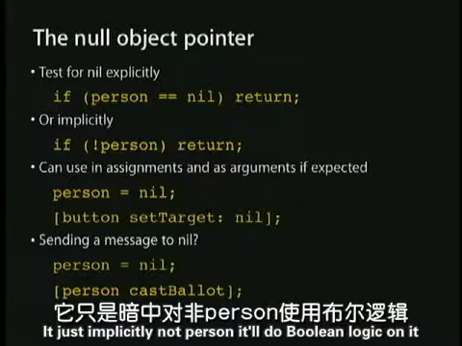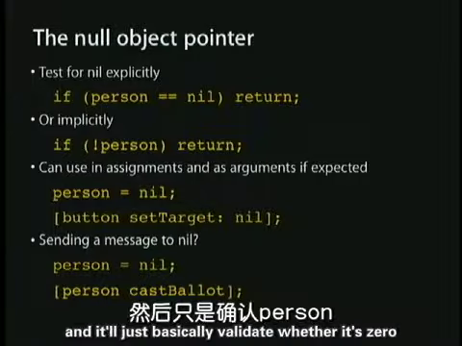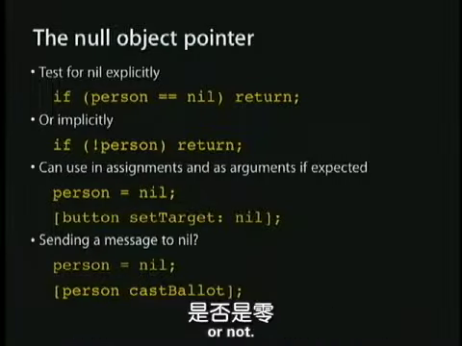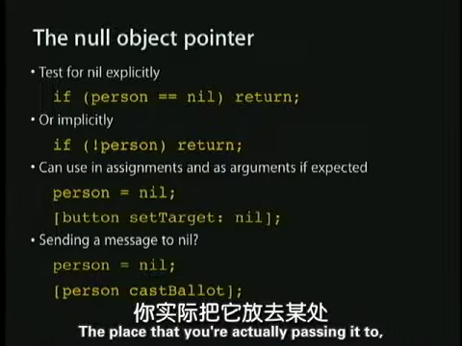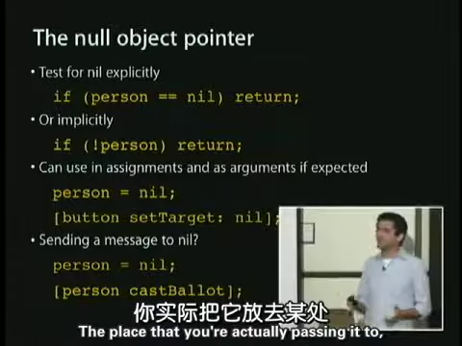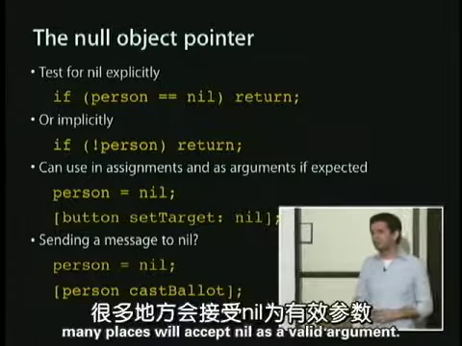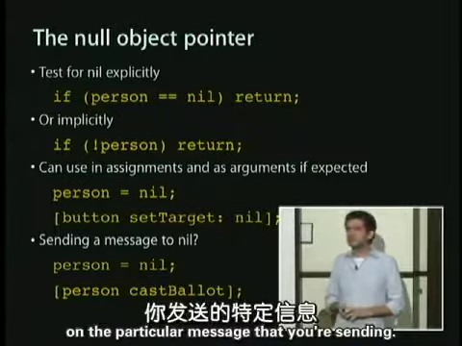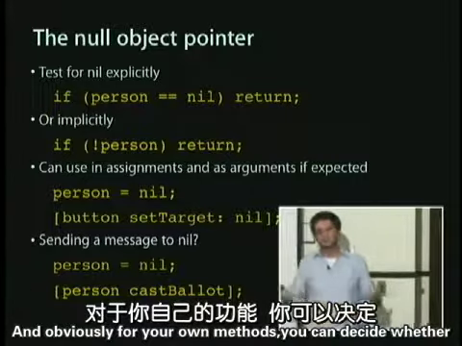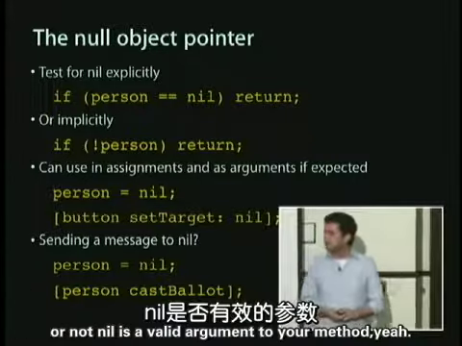It'll do Boolean logic on it, and it'll just basically validate whether it's 0 or not. You can use it in assignments, and as an argument, sometimes. Many places will accept nil as a valid argument. It kind of depends on the particular message that you're sending. And obviously, for your own methods, you can decide whether or not nil is a valid argument to your method.